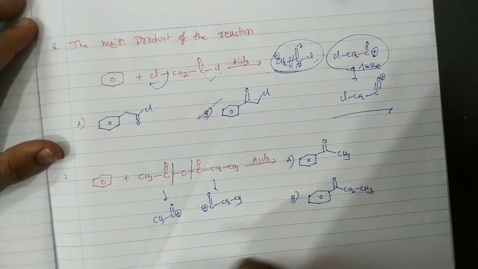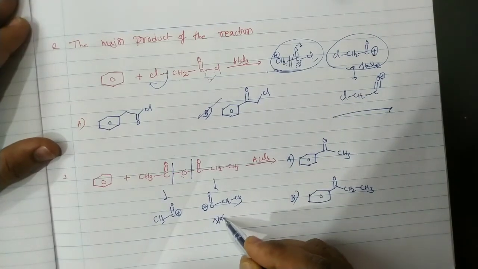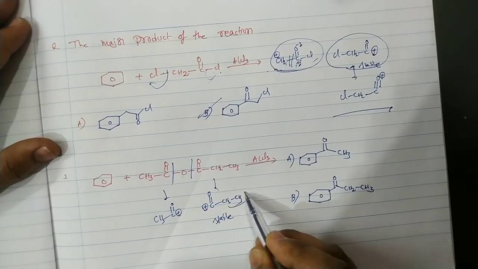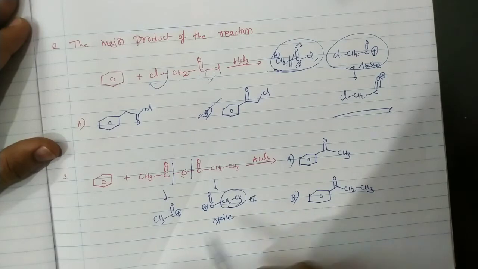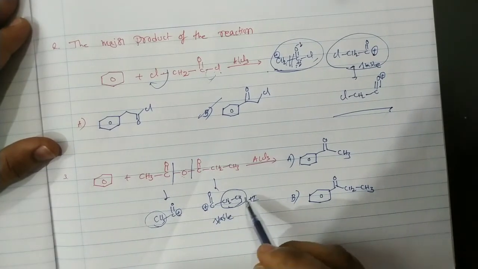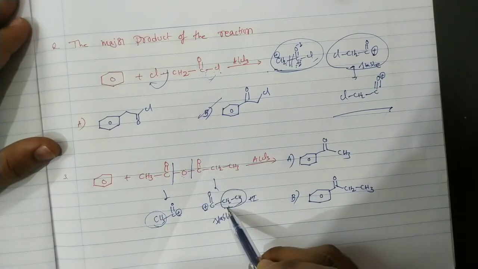But here which is more favorable, which electrophile, which carbocation is more stable? This carbocation is the more stable one, because here the positively charged carbon is more stabilized by the strong plus side group. Here methyl is a weak plus side group and ethyl is a strong plus side group. So in this case there is more chance for the formation of this electrophile.